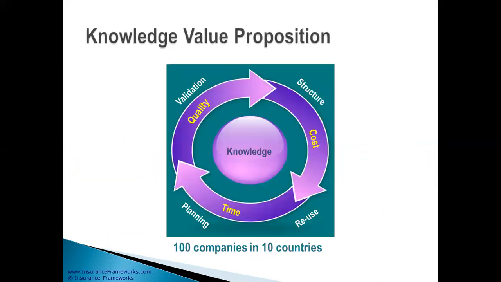Panorama 360 offers you a potential of structuring, validating, planning, and reusing what you have in your organization, thus creating an environment that could reduce the cost of your projects, the time of your projects, and increase the quality of your projects as well.